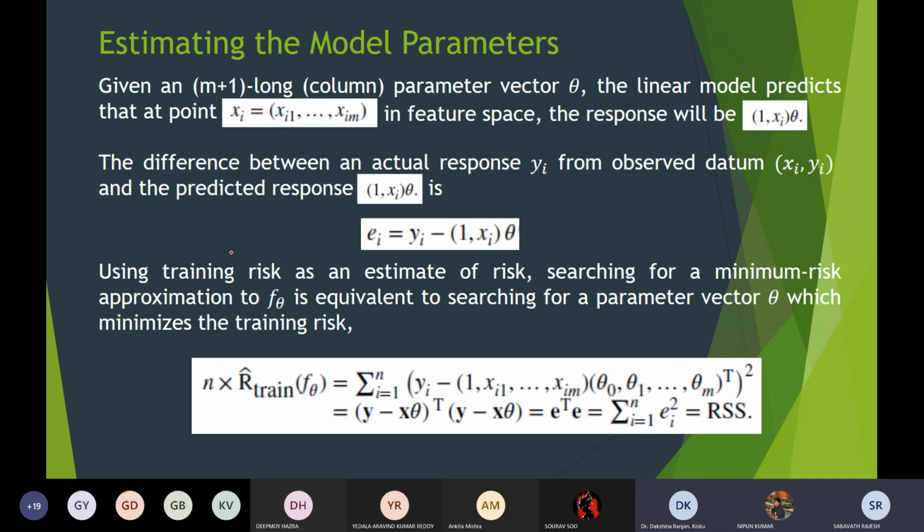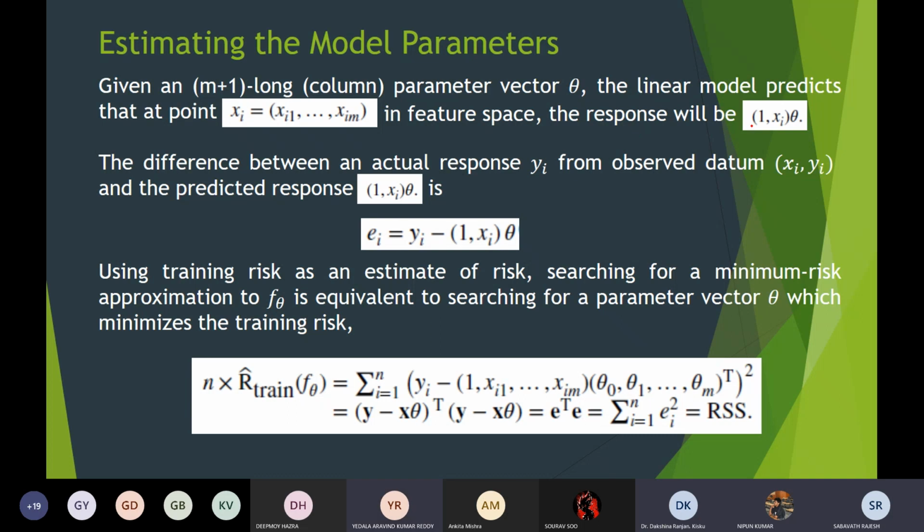Now, if we are given m plus 1 parameter vector theta and the linear model predicts the dependent variable at point xi, so if the dimension of xi is m in the feature space, then we could get the response.